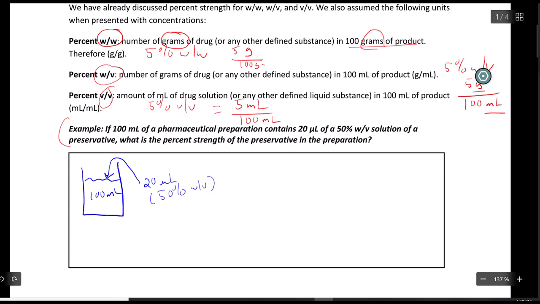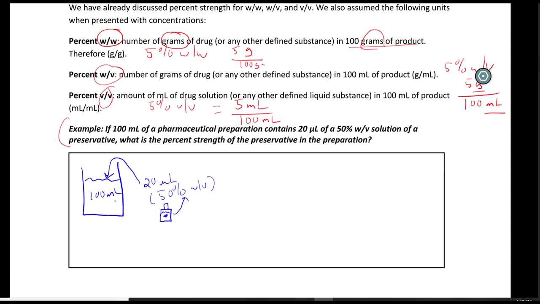That was a solution. So they had a little vial of a solution of a preservative. This is a 50% weight and volume of a preservative. They took 20 microliters of this solution and they dropped it inside of that 100 mLs. So the final volume is still 100 mLs.